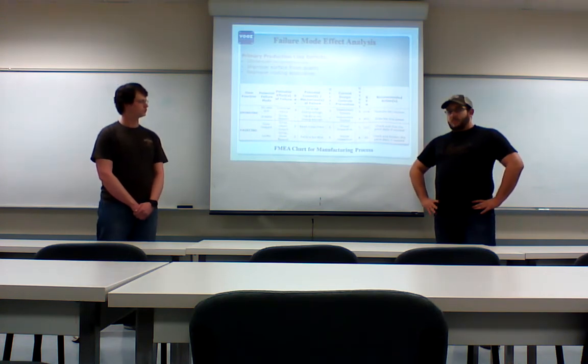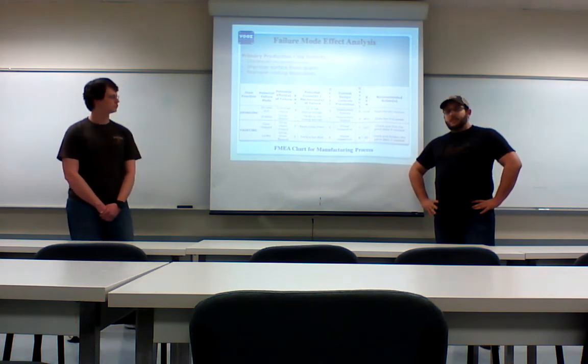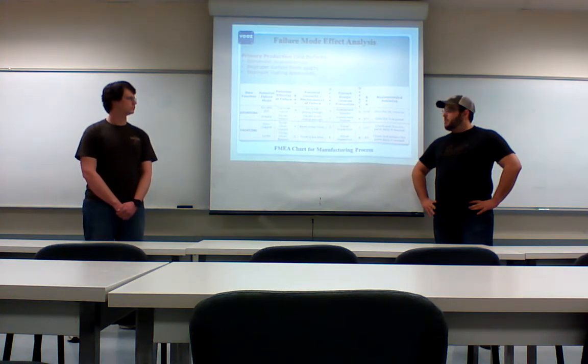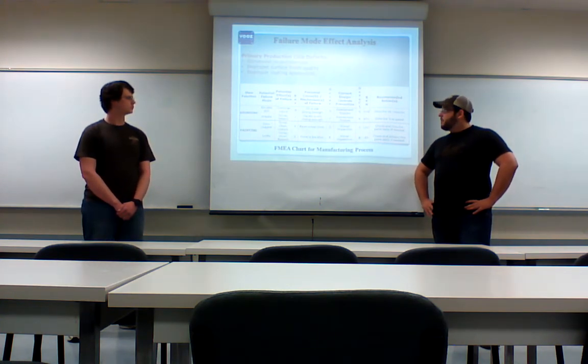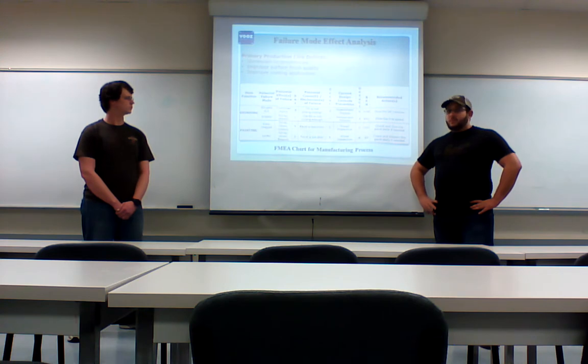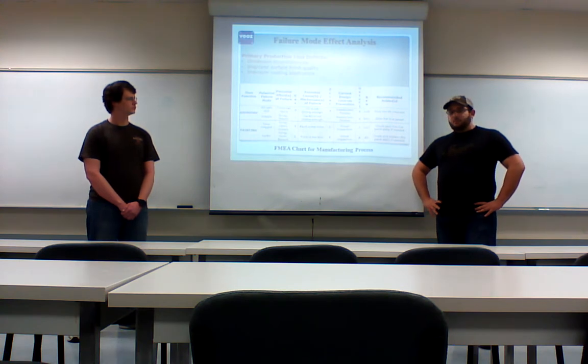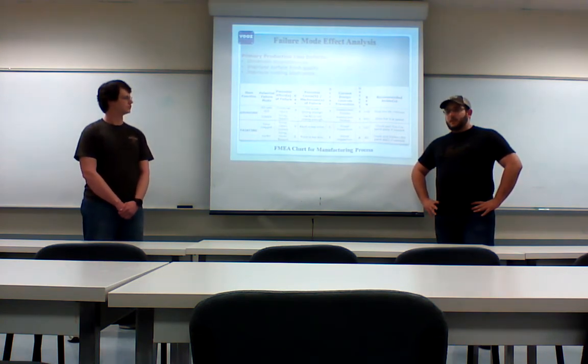The most significant defect-producing activity that we noticed from the manufacturing line is the grinding stage, which has an RPN, or risk priority number, of 648. That means that is the primary focus of correcting this manufacturing line.